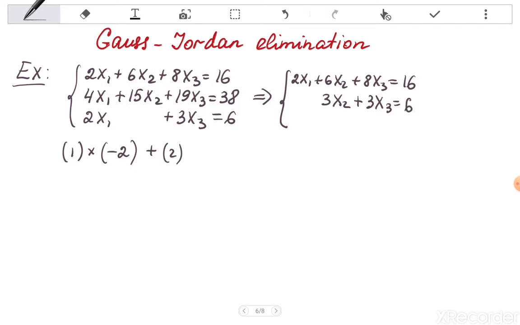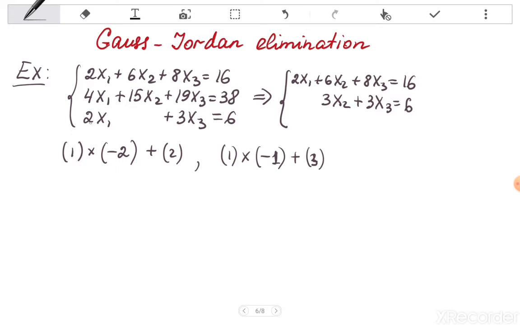And I do the same thing with the third equation. So I need to find something to eliminate x1. So my next step is to multiply the first equation by -1 and add to it the third equation now. So when I multiply by -1 and add to this, I'll eliminate x1.